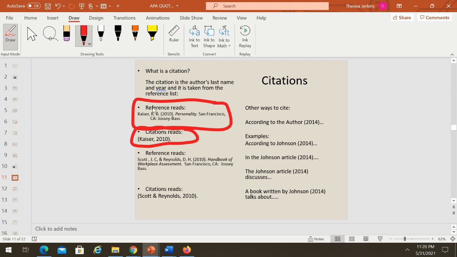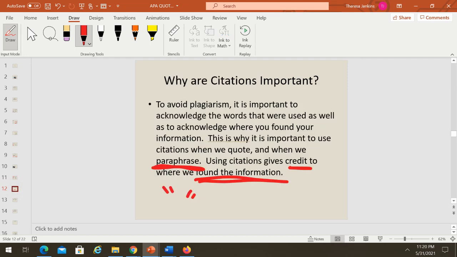The citation is taken from your reference list, and it is the author's last name and year. The citation is the author's last name, comma, the year, and the period always goes after the citation. There are other ways to cite. For example, you can say according to, and you would put in the author's last name and then put in the year of publication. That is another way that you can cite.